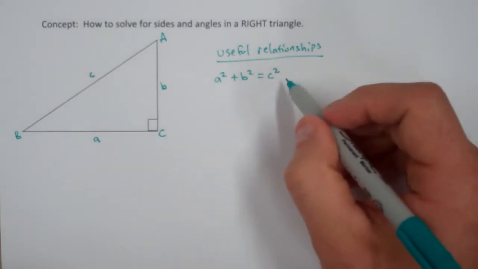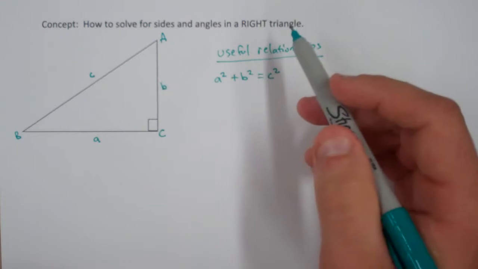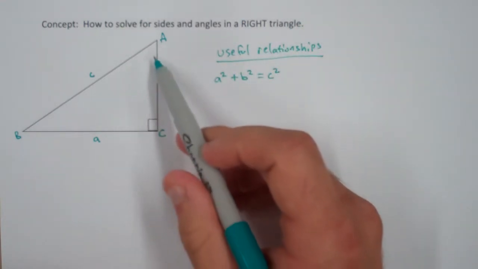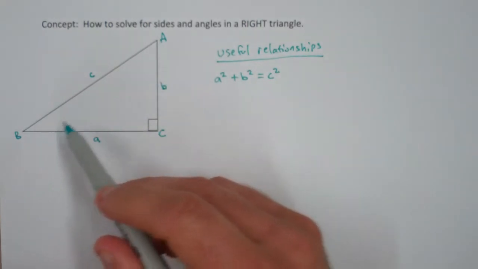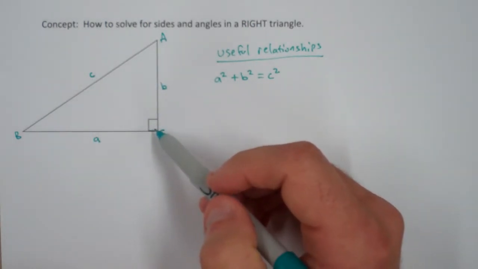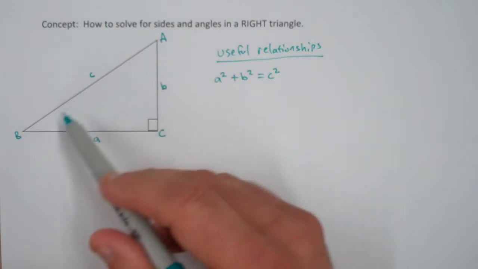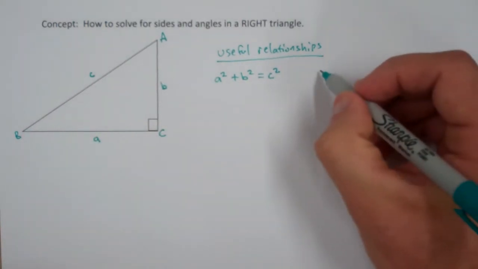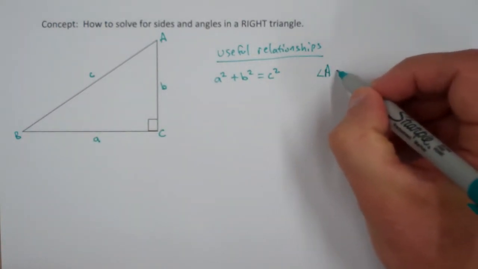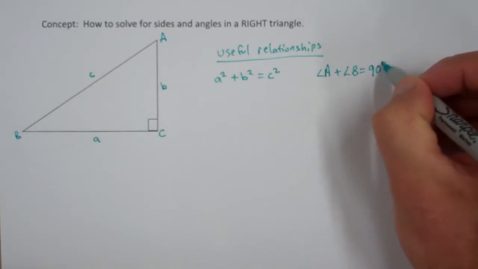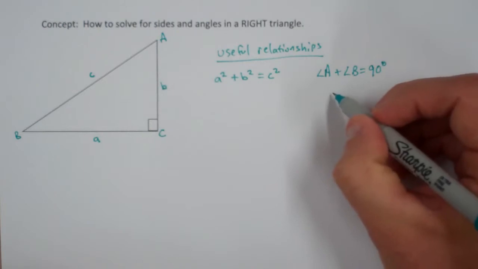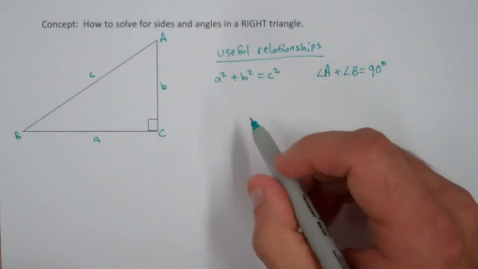So we've got the old Pythagorean theorem. If we take a look at the angles, angle A plus angle B plus 90 must be 180, so angle A and angle B must add to 90 degrees. So they are complementary.